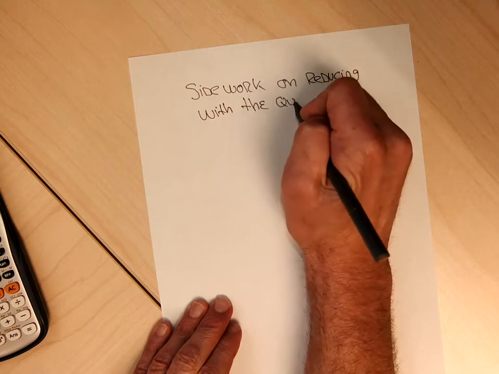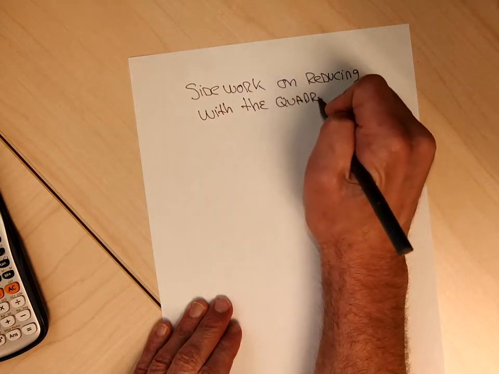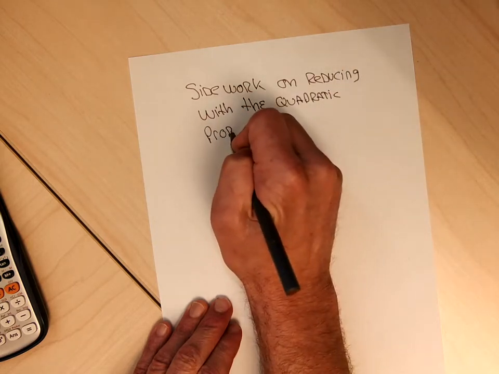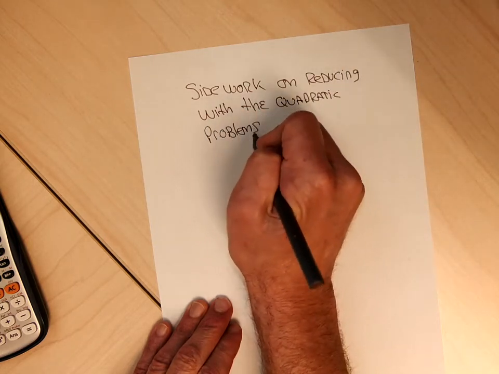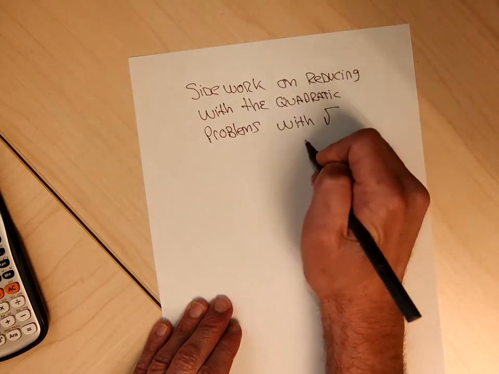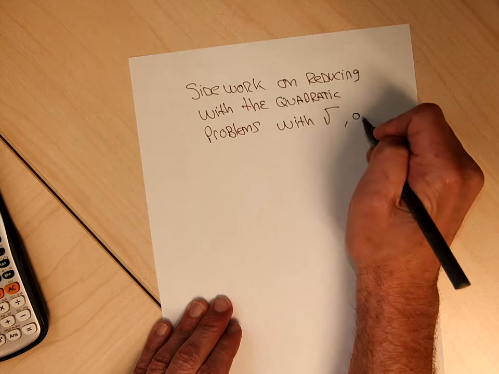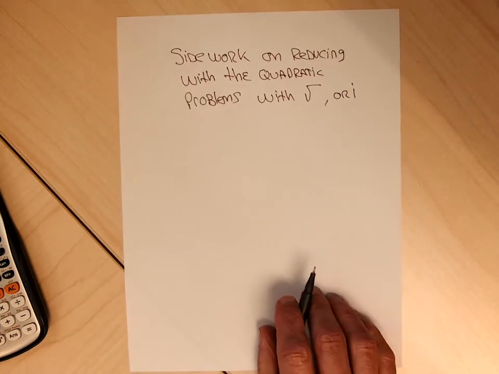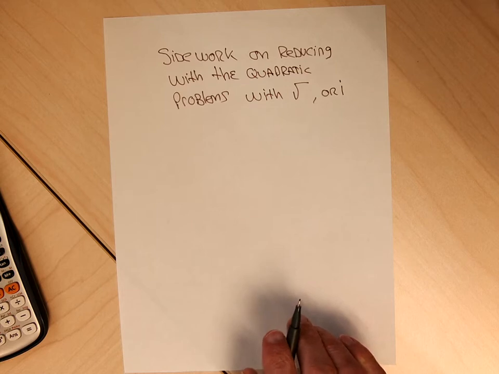I reduce differently if there's an i, if there's a square root, or if there's not. If there's not an i or not a square root, the reduction isn't tricky.